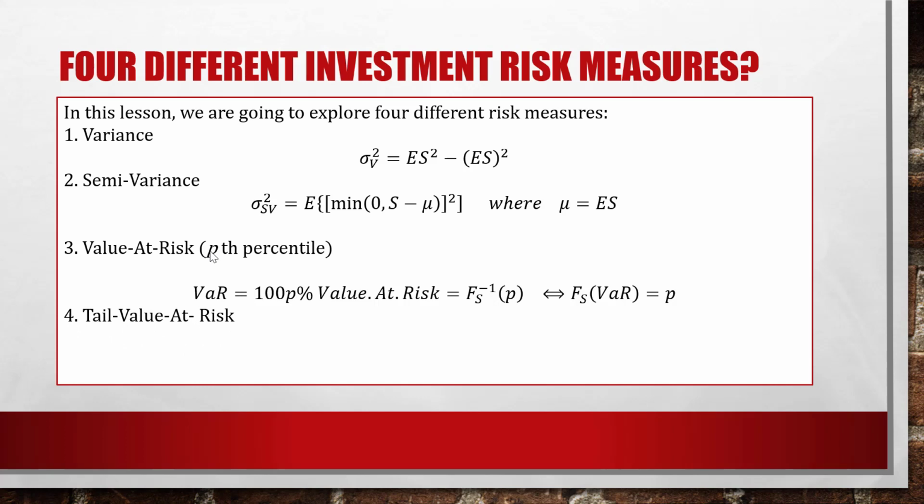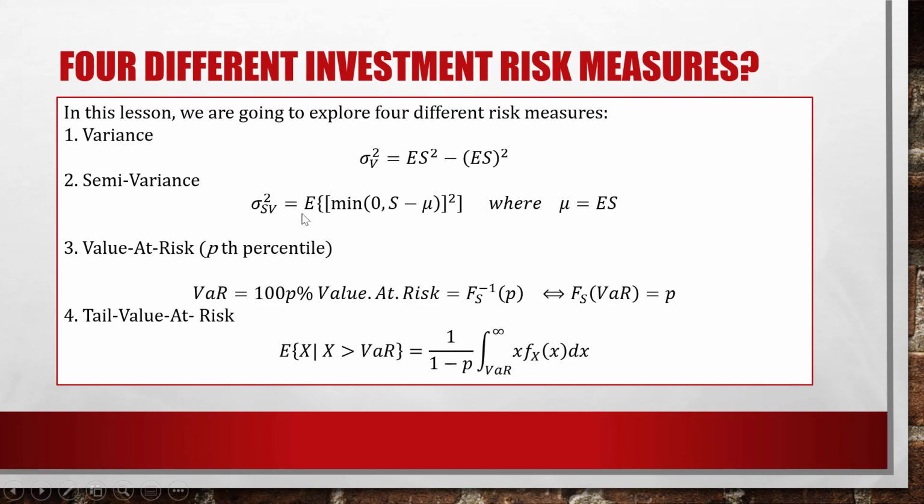Number 4, tail value at risk. When we know that the outcome is greater than the value at risk, we want to see how close the outcome and the value at risk are. So we are going to measure how bad the result can be, so we have to use the tail value at risk. Here the tail value at risk is basically the average of the tail. So we take the average of all the possible outcomes that are greater than the value at risk.